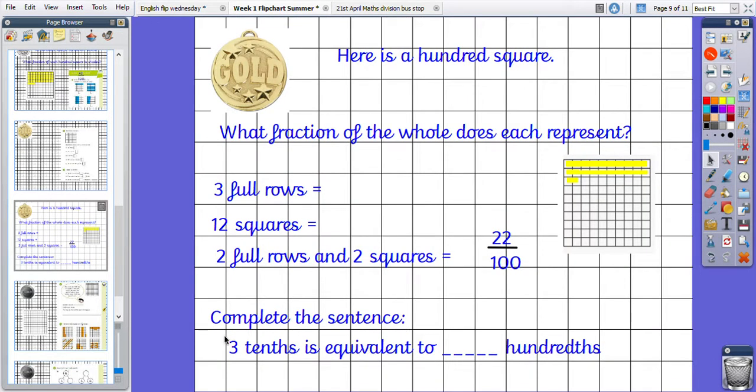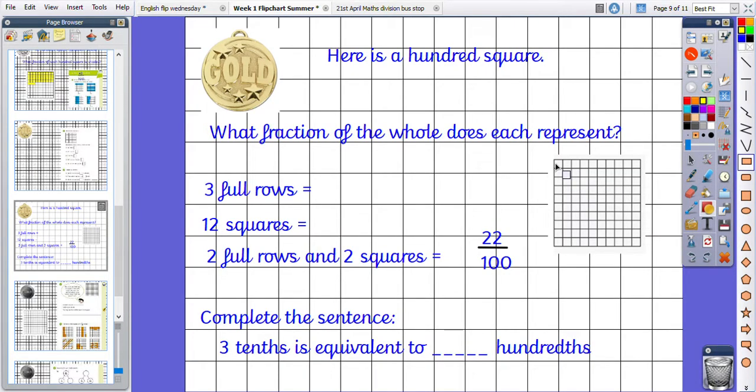Your second set of questions says complete the sentence. 3/10 is equivalent to how many hundredths? Again, looking at your Deans, if you were to shade in 3/10, so if I've got 10 rows, I'm shading in 3 of them.